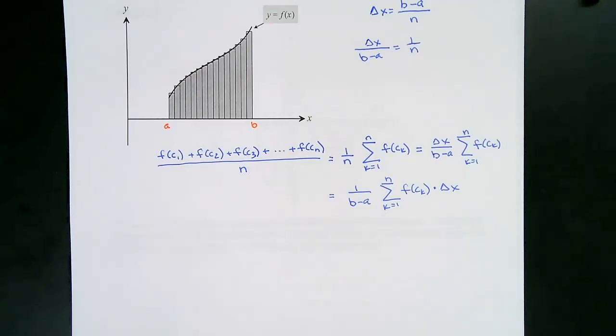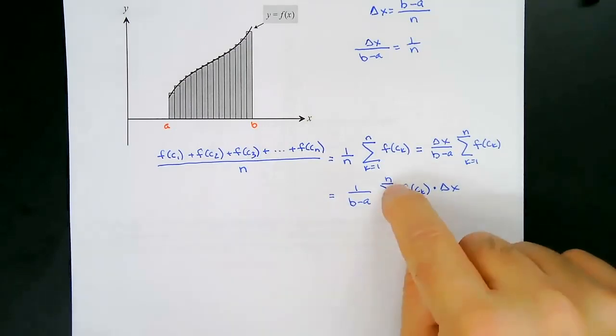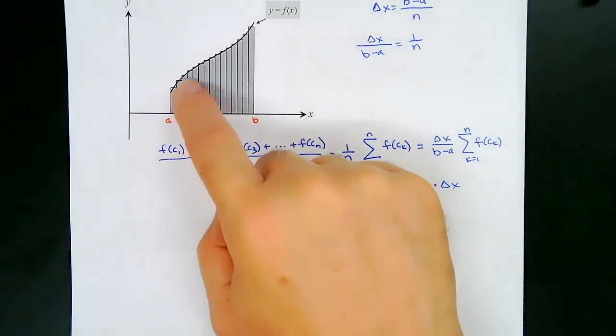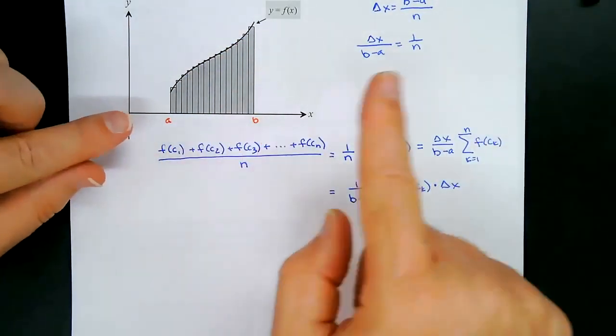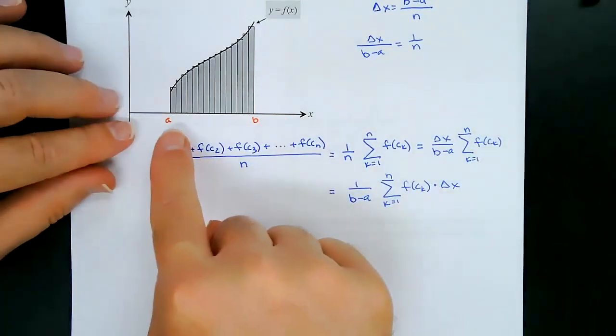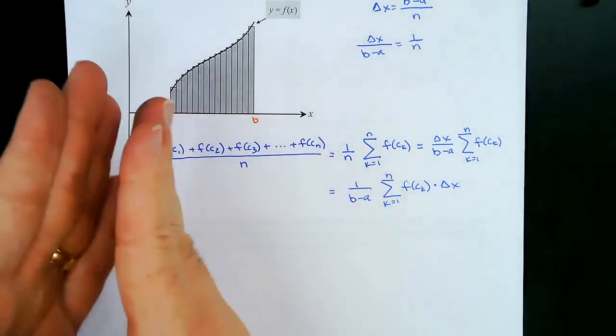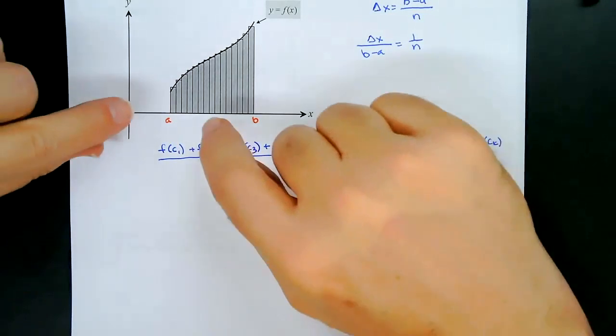So how do I get it so I add all of them up? How many are there? What would we need this n to be to add all of them? Well, as we made n get bigger and bigger, what was happening to these widths? They were getting smaller and smaller. What if n goes to infinity?